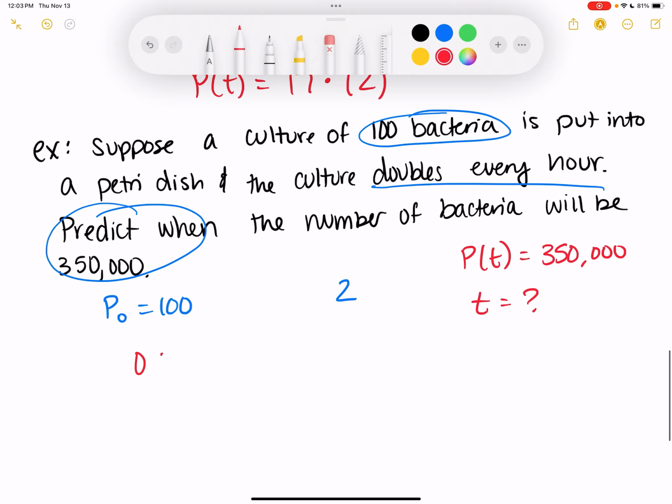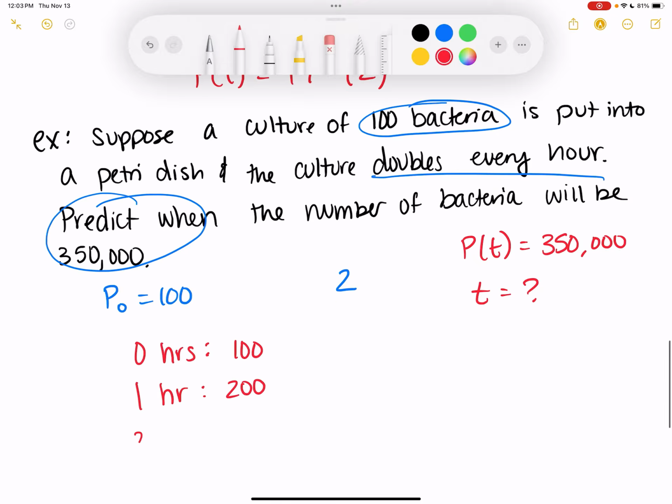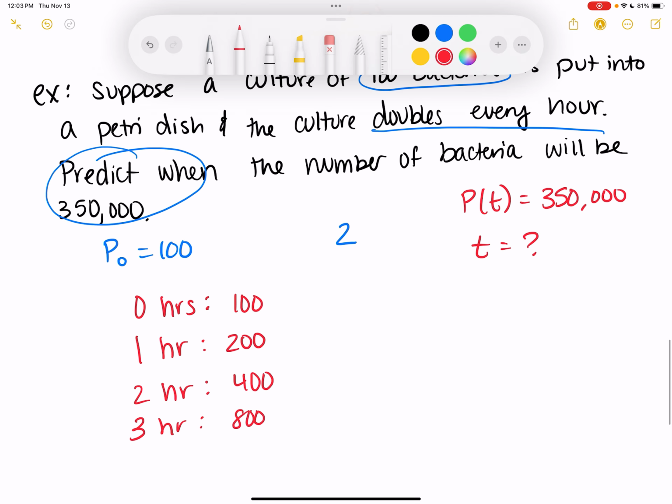So at 0 hours, aka my starting amount, is 100 bacteria. It doubles every hour, so that means that after hour 1, there are 200 bacteria. At hour 2, there's 400 bacteria. Hour 3, there's 800 bacteria. Okay, and so on and so forth.